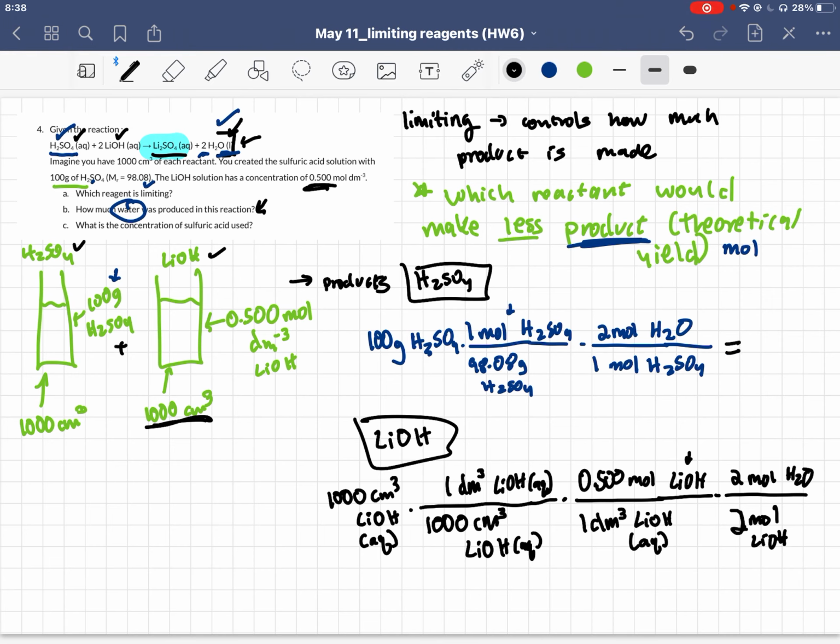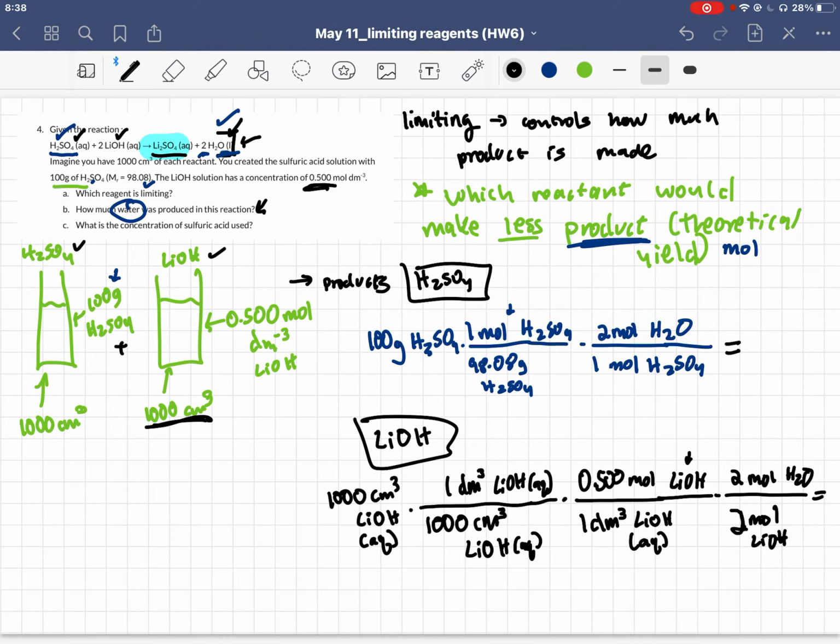All right, I'm seeing I did not keep up with my color coding. I apologize for that. Let me throw both of these into my calculator here. So I'm doing the H2SO4. Make sure when you put it in your calculator, you're watching order of operations.